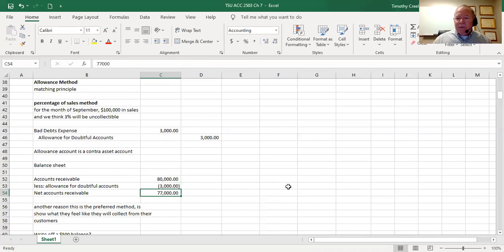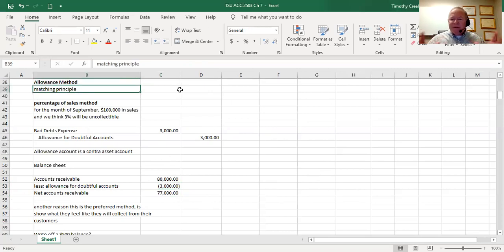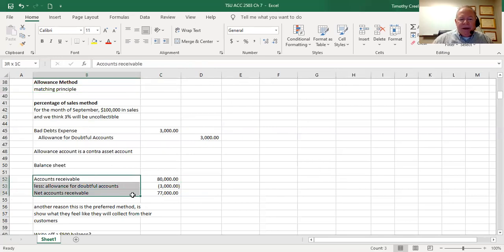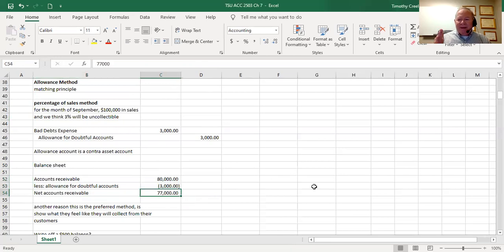Now, remember earlier I said the allowance method was a better method, and one of the reasons was the matching principle, that it matched revenues and related expenses in the same period. Another reason is that it allows companies to show accounts receivable on their books, not just in total, but based on what they feel like they're actually going to collect. This is how that would look. The net accounts receivable in this example, the 77,000, is what the company feels like they are actually going to collect.